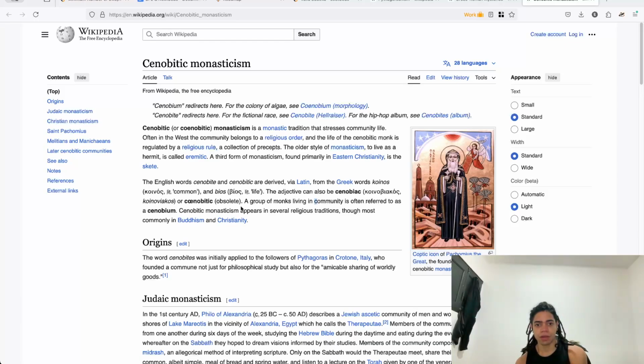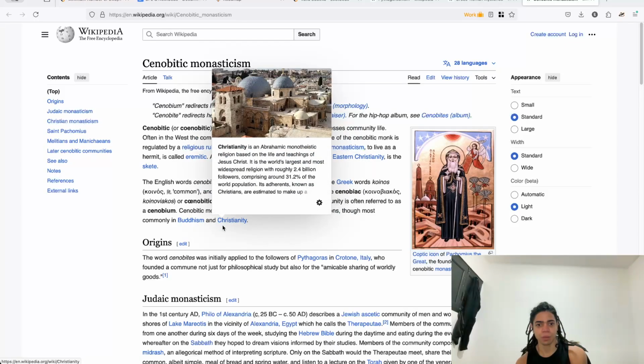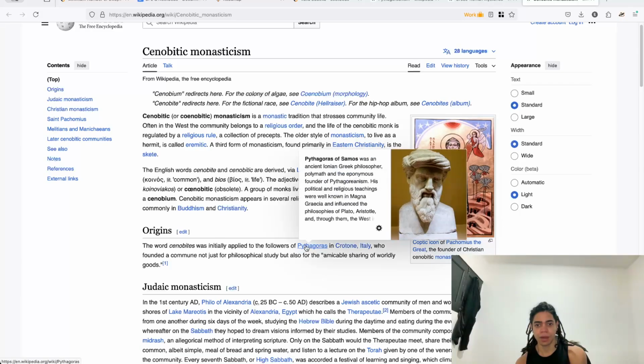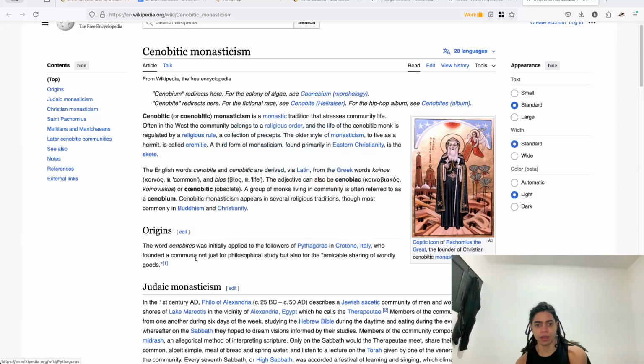Cenobitic monasticism appears in several religious traditions, though most commonly in Buddhism and Christianity. The word cenobite was initially applied to the followers of Pythagoras in Crotone, Italy, who founded a commune not just for philosophical study but also for the amicable sharing of worldly goods.